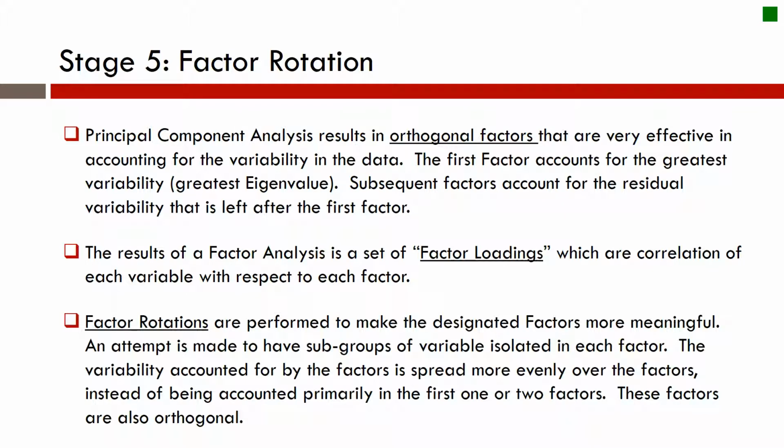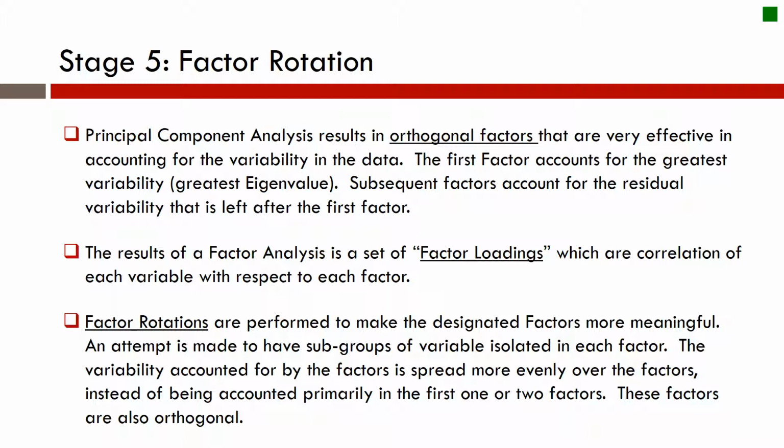After this initial solution is returned, what we'll often want as a researcher is something we call a factor rotation. When the factors are rotated, basically the factors are adjusted to better account for variability across all of the solutions and across all of the factors that are returned.